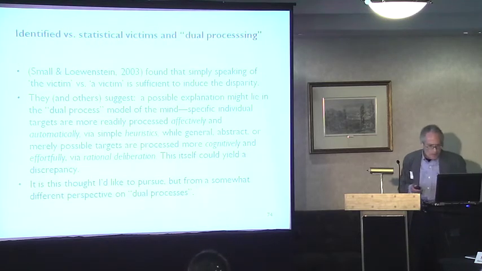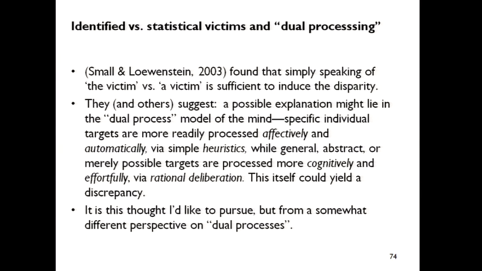Now, in the 2003 paper, they suggest that one possible explanation might lie in the so-called dual process model of the mind: that specific individual targets, the victim, are processed by a different set of systems than general or abstract or merely possible targets.